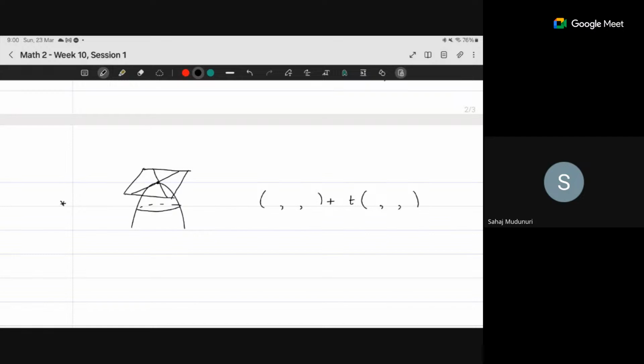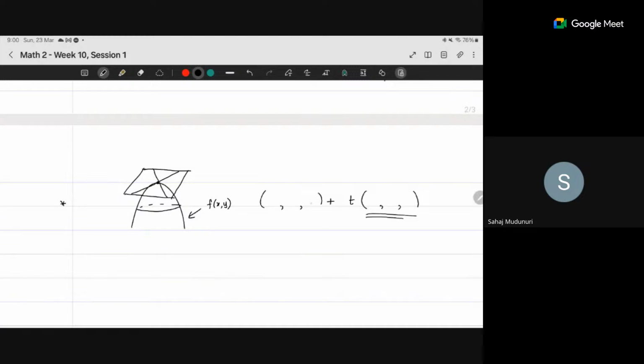So what would this be? Suppose this is the graph of f of x, y, and my particular point that I'm considering is x naught, y naught. If I want to give the description of an affine subspace in R3, I should give it as a point in R3 which lies in the affine subspace plus t times some spanning vector for the corresponding vector subspace.